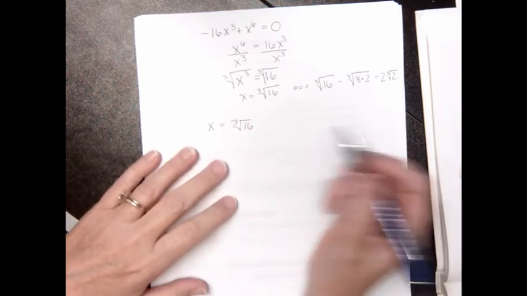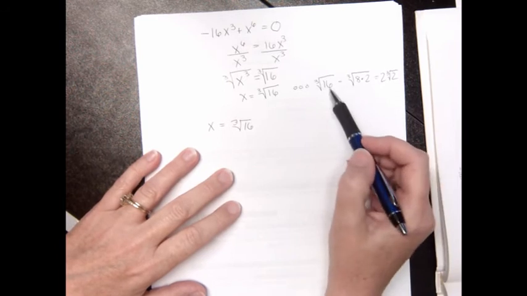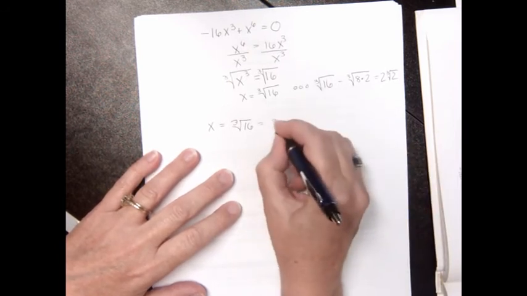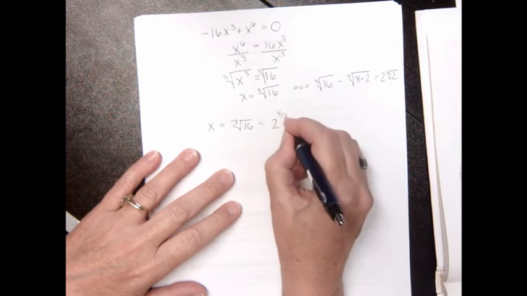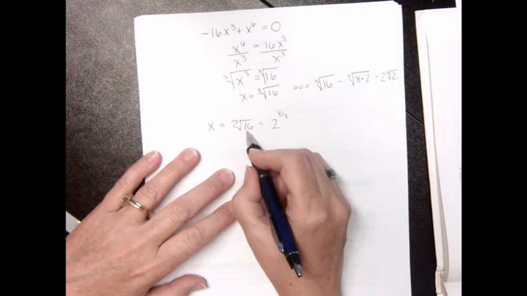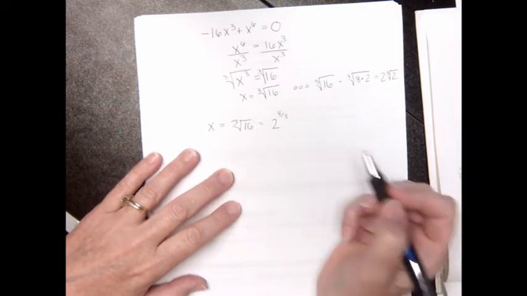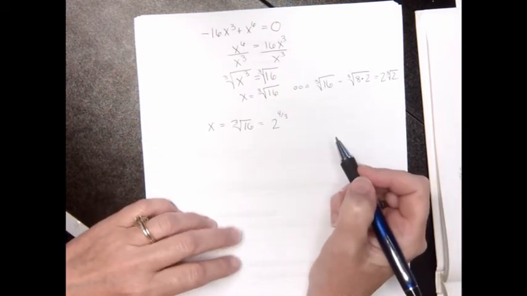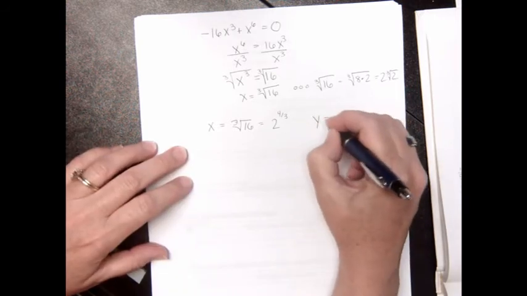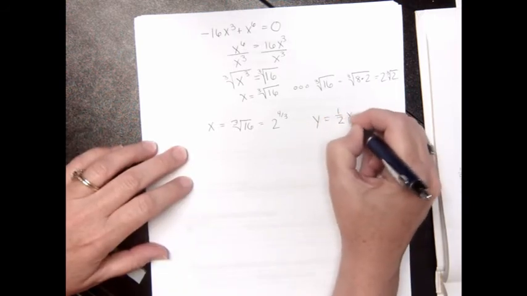And there's other forms. If you want to break it down to 2 to the 4th and say 2 to the 4/3, that might even be a nicer form to deal with, because 16 is 2 to the 4th, so it's 4/3. Let's take a look at that way and go back and remind ourselves that y equals 1/2 x squared.